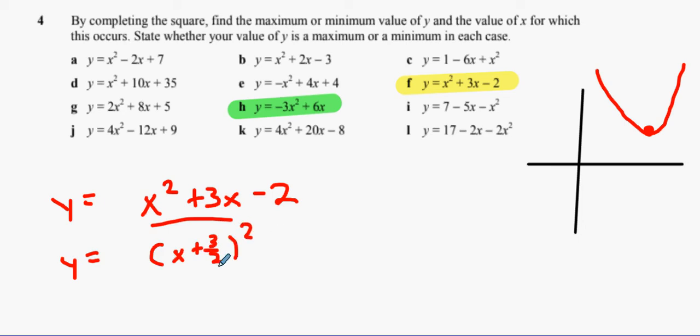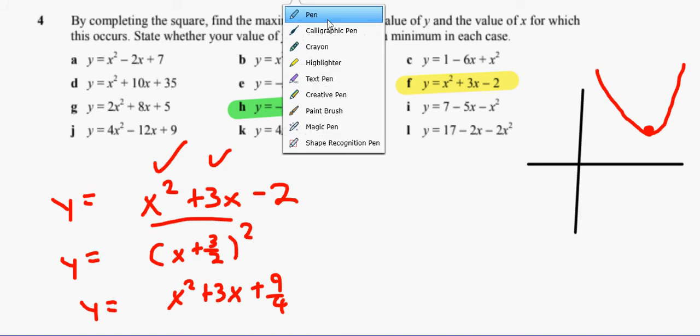I multiply that out. What happens when I multiply that out? I get 3x. You're guaranteed to get the first two. And what's 3 over 2 multiplied by 3 over 2? 9 over 4. Now what's the issue with the 9 over 4?